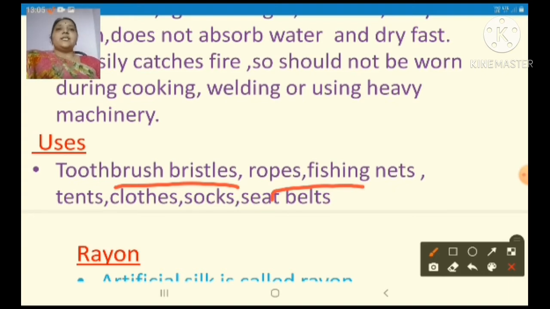All the commodities or things that we use in our daily life are made from synthetic fiber. So you can see toothbrush bristles, ropes, fishing nets, tents, clothes, socks, seat belts. These are all made from nylon fiber.